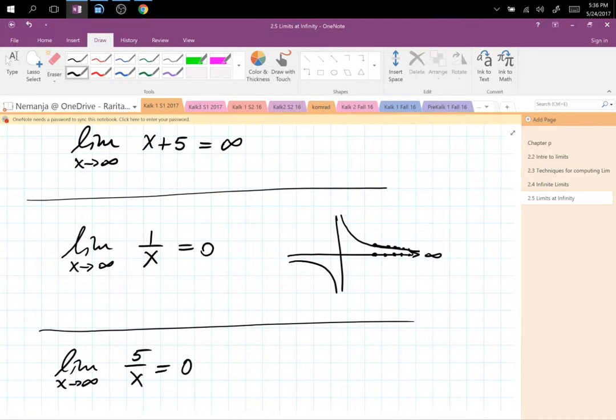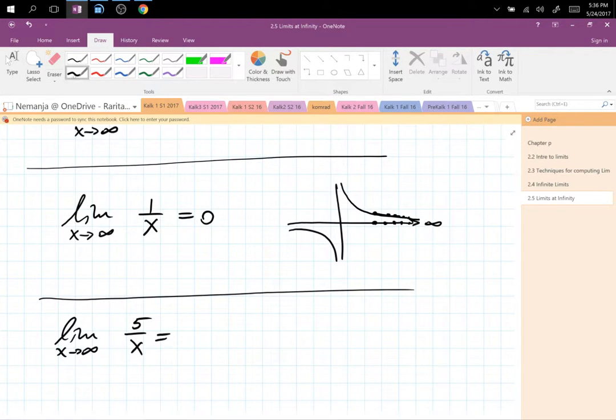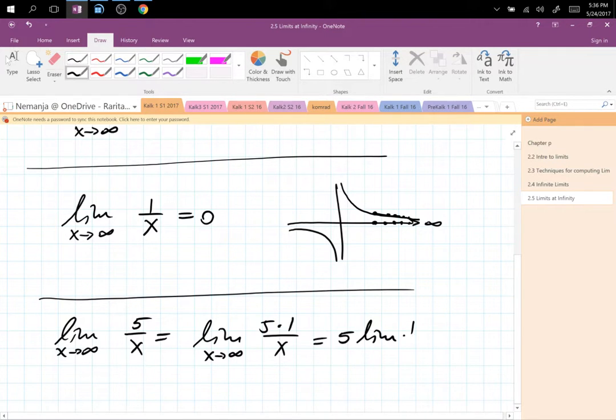Because of those rules that we learned last class, where we can take this 5 and write it as 5 times 1 over x, and we can kick the 5 in front of the limit and have 5 times 0 equals 0. So it's still 0.